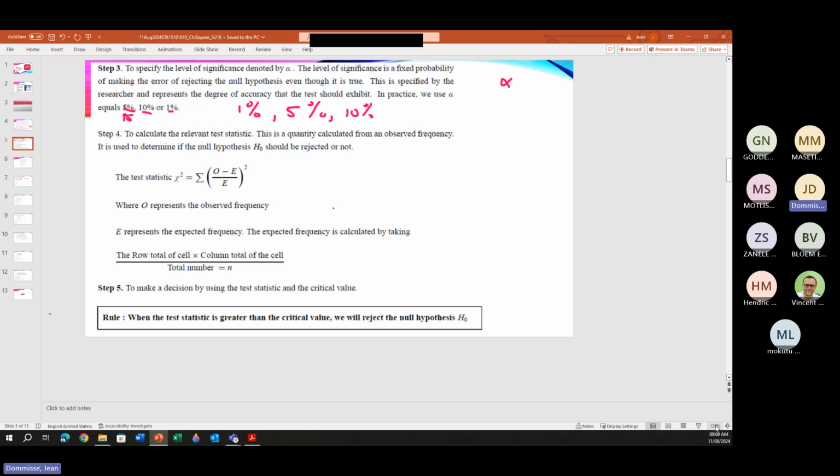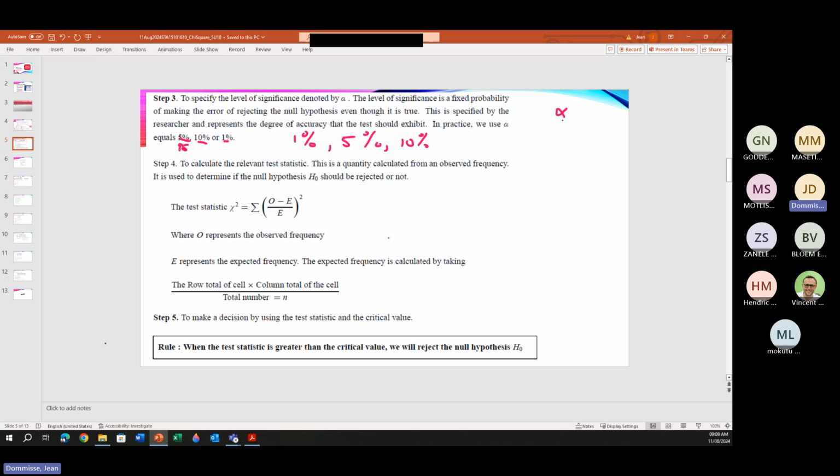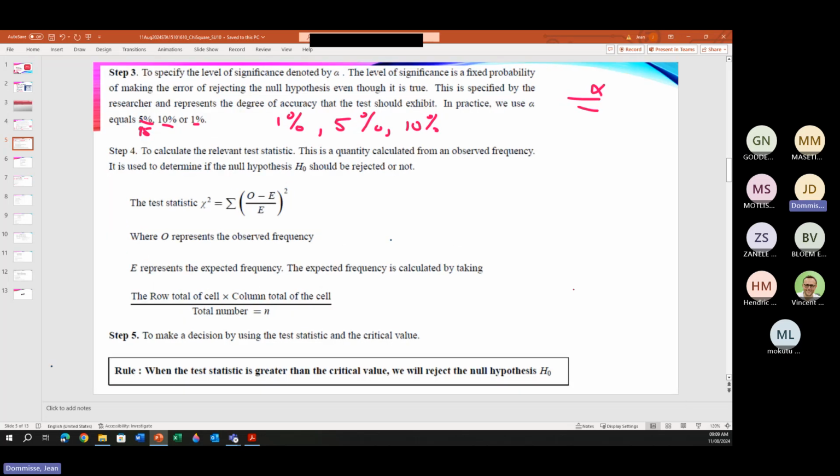So we will work with only the alpha value and not divided by 2. So that, again, is one of the areas that's different between the t-distribution or t-table and the chi-square. Okay, and then step 4, like when we did Z or T distributions, we needed to work out the test statistic.